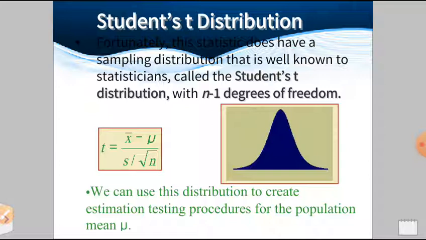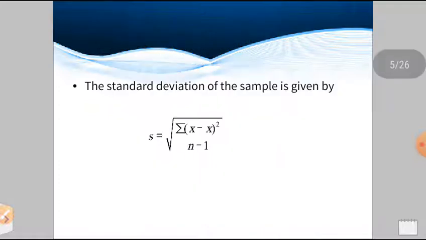And the formula we see is t equals x bar minus mu divided by s by root n. In place of sigma we have taken s. Why? Because here the standard deviation is given for the sample, or we have to calculate it from the data. It will not be given for the population. And how to calculate the standard deviation?